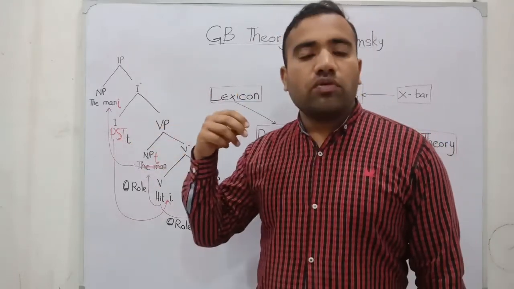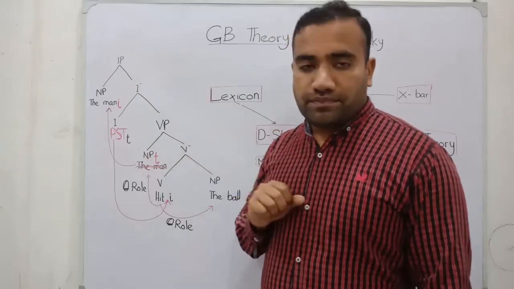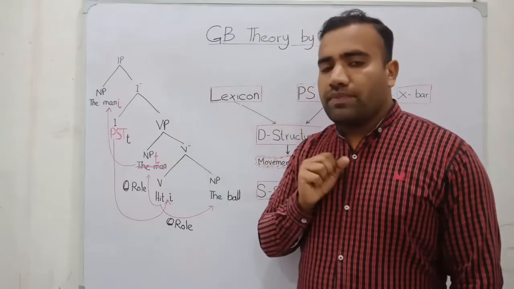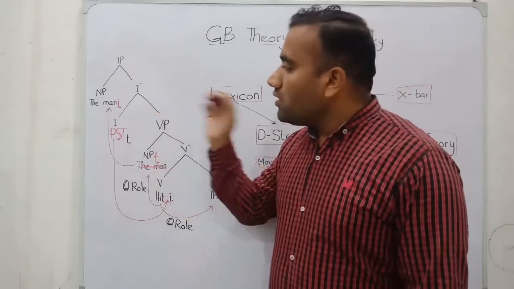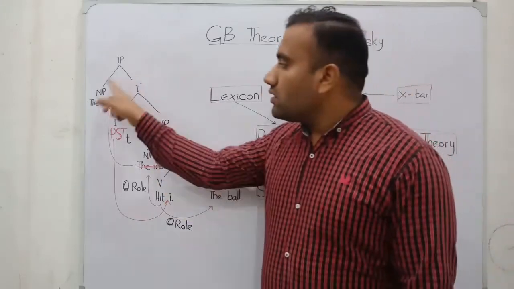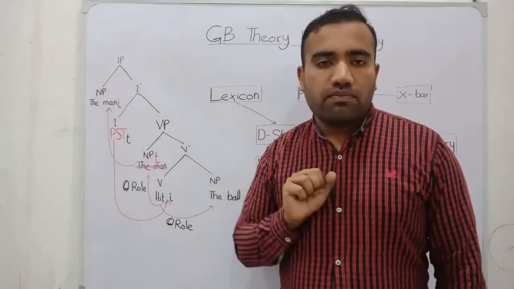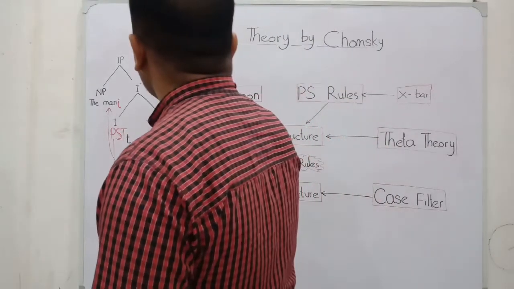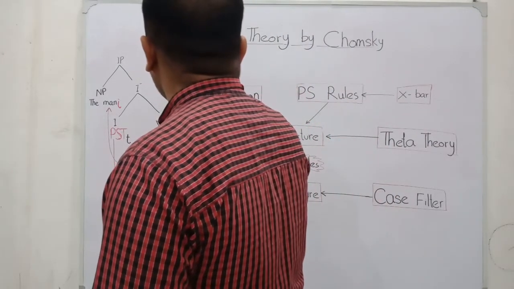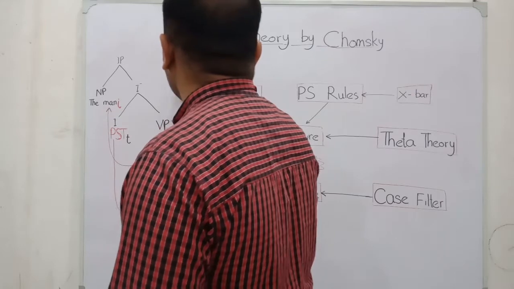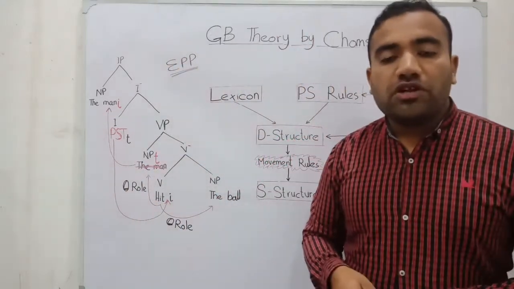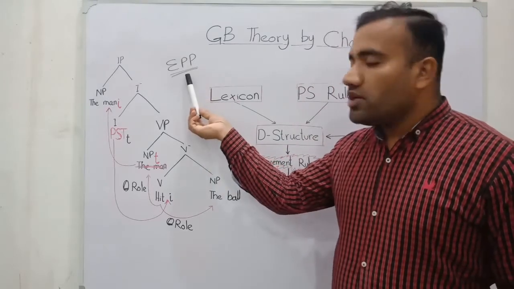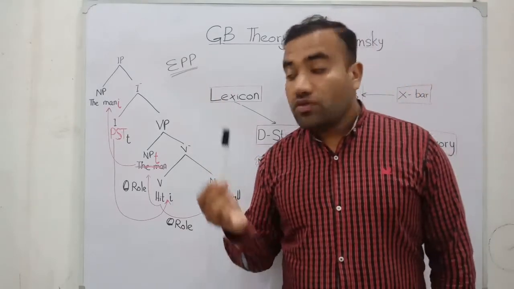And if we talk about the IP, what is the problem of IP and what is the solution? Basically, IP must have the specifier position filled, because Chomsky has stated one principle, EPP, the extended projection principle. This is the very point you have to know in this video.